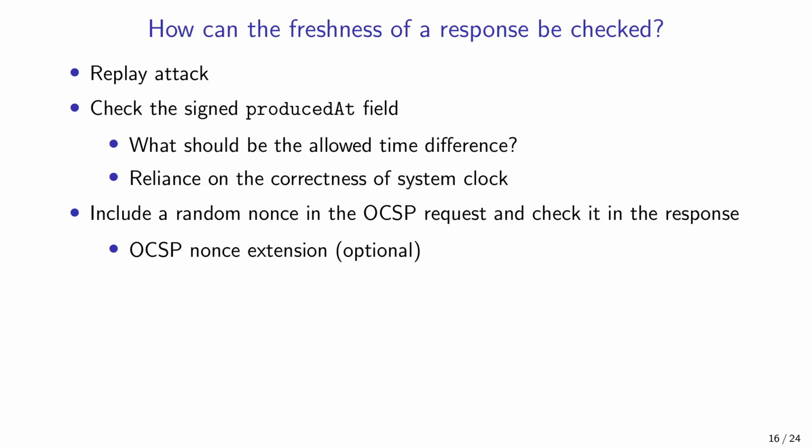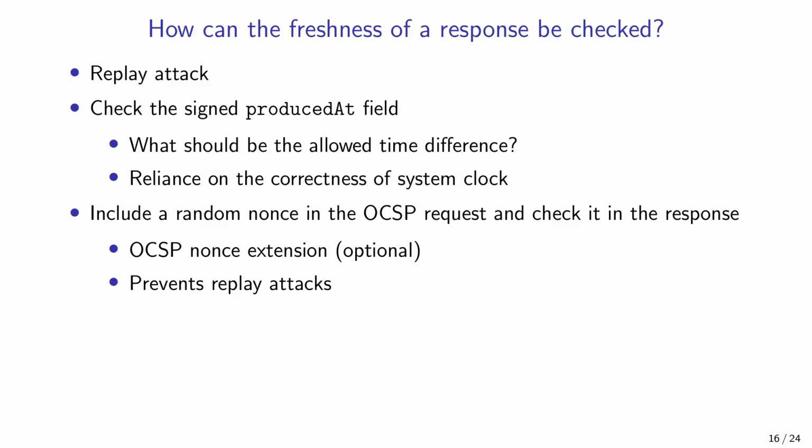By using this feature, the client can verify that the response was produced specifically for the client, as the signed response will contain the nonce that was specified in the request. This prevents replay attacks. Why? Because the attacker cannot predict what nonce value the client will send. The attacker cannot collect valid OCSP responses for all the possible nonce values the client may send in the future.